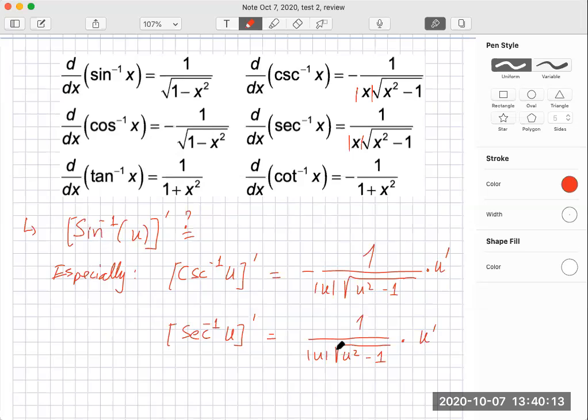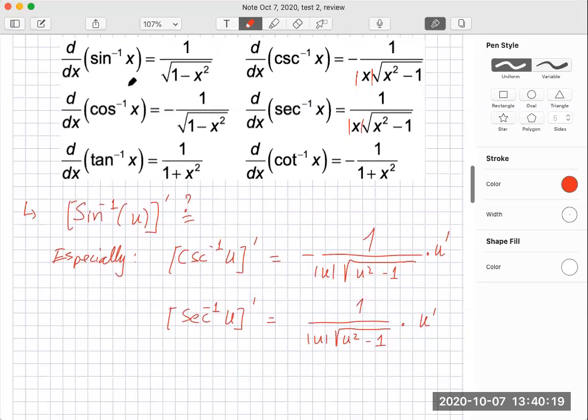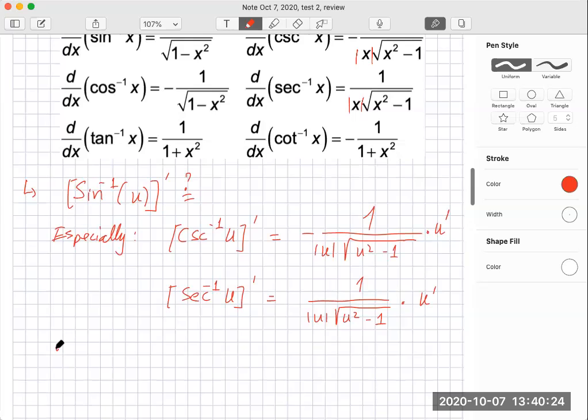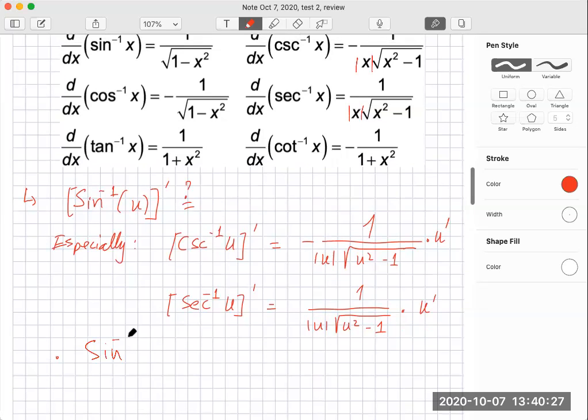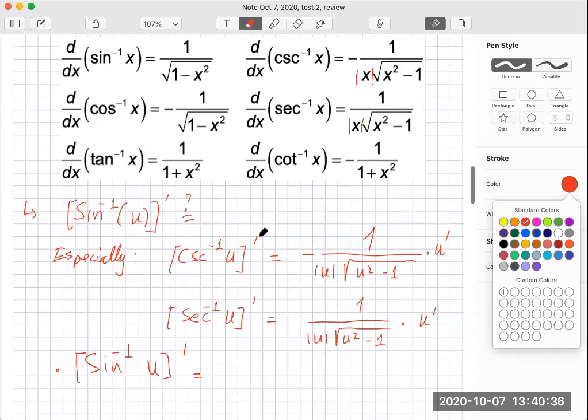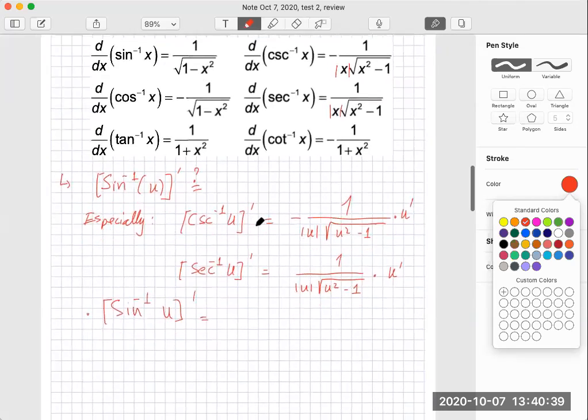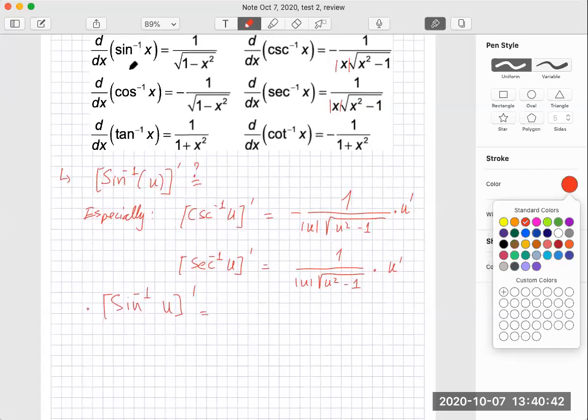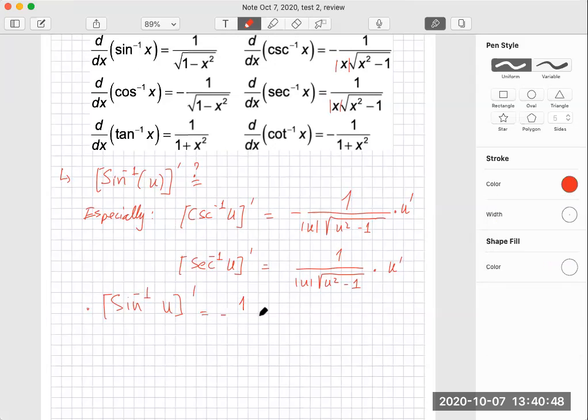Chain rule is everywhere. Okay? And how about the derivative of the sine inverse of the function u? What is it now? The chain rule, right? The same story.